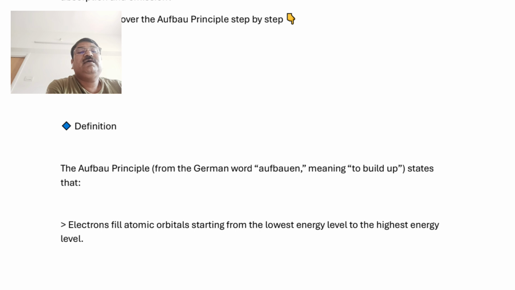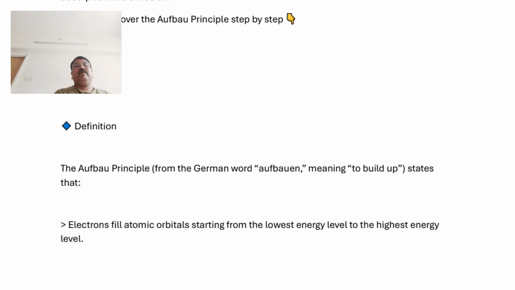Suppose there is nitrogen 7 electrons, oxygen 8 electrons, chlorine, like this one, they get increased. Then during the formation of atom, there is a specific way, specific route. By this route, the electrons are filled in the atomic orbital, and this explanation is given by Aufbau principle.